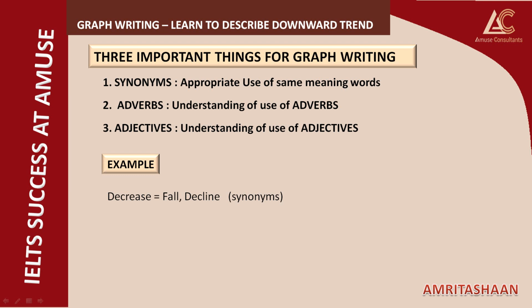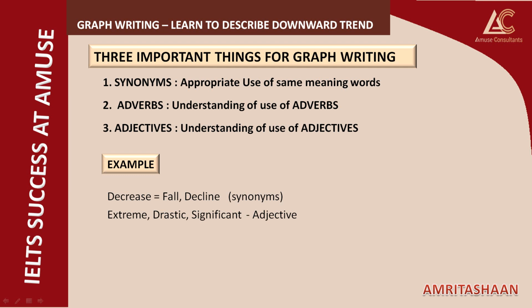You will not use this word three times because it will not make your writing impressive. So you need the synonyms for that. If you have fall, decline, dip, shrink, sink, there can be many other synonyms for the same. If you are using different words all the time, it will help you.